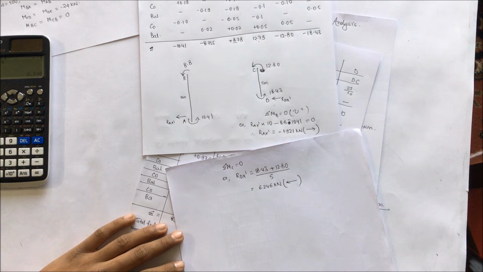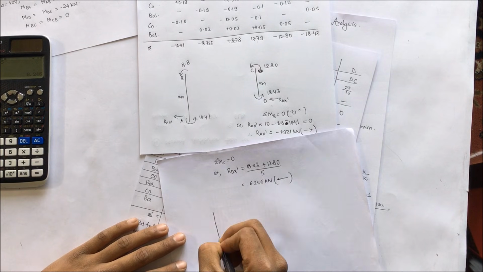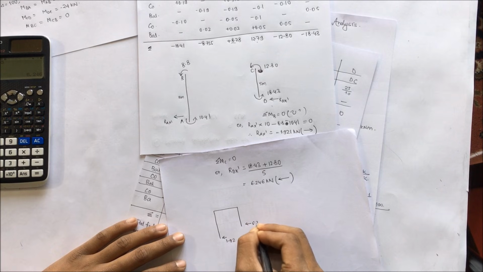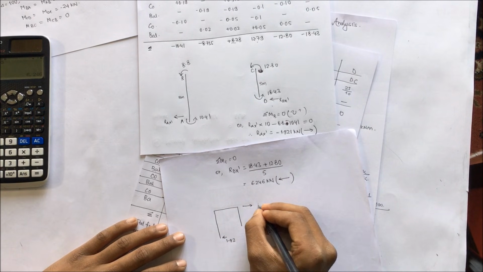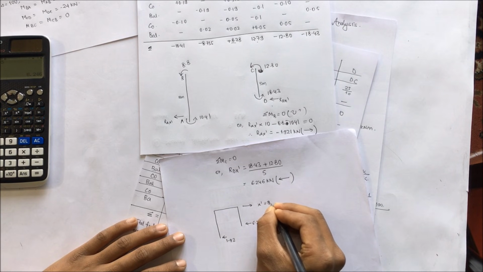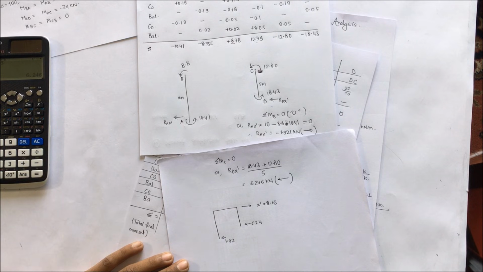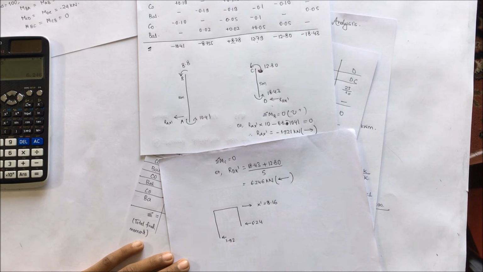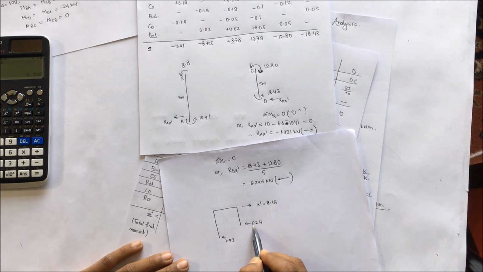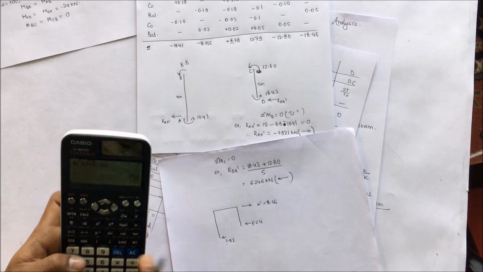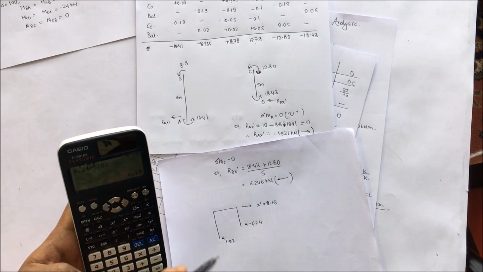Now a general idea to be considered: 6.24 and 1.92 act in the same direction, so it will be 6.24 plus 1.92, and the exact amount of this load should act in the different direction.